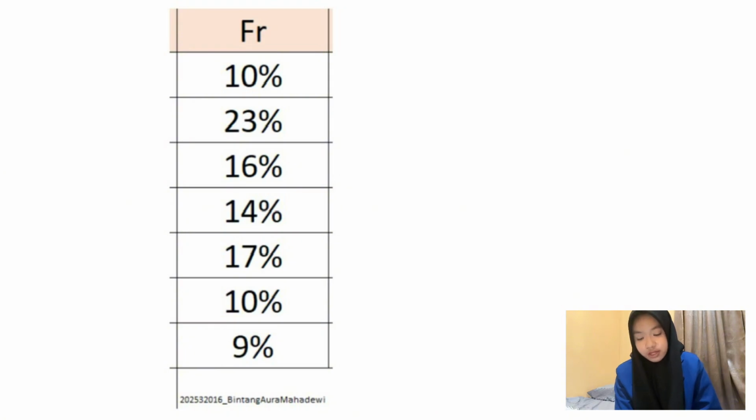The corresponding Excel formula is Fi divided by 77 times 100, or alternatively using the Excel reference to the total for a more dynamic approach. Each cell in the Fr column is formatted as a percentage. The sum of all Fr values shall equal exactly 100%, serving as a check for calculation accuracy.